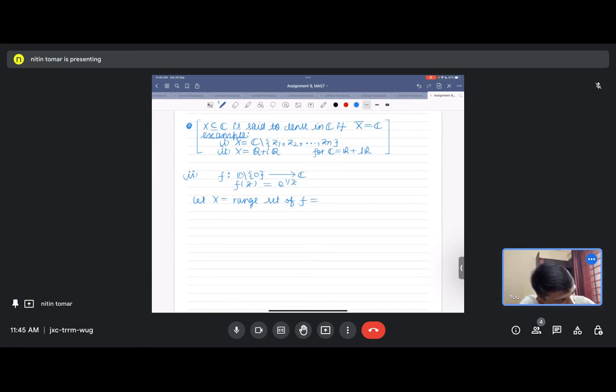Now dense means I have to show that the closure of X is C. Yes or no?